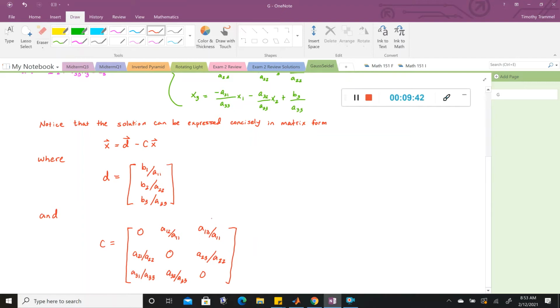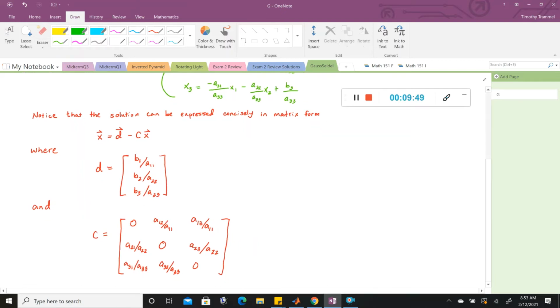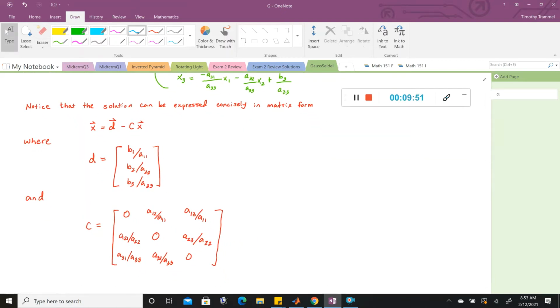And so one thing I'd like us to actually see is that this indeed really is the same thing as what we had up there in the green. So let's maybe just make a little bit of side work here.